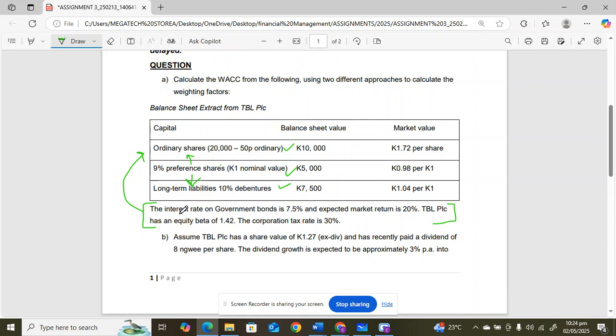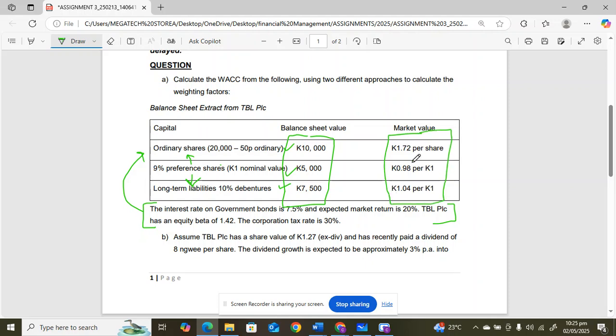So the first thing that we need to do with this question, because we have to use both approaches to calculate the weighting factors. The approaches that you can use are the book values, basically these balance sheet values. You can weight them out, meaning you get them in proportions of the total amount, or you can use the market values.